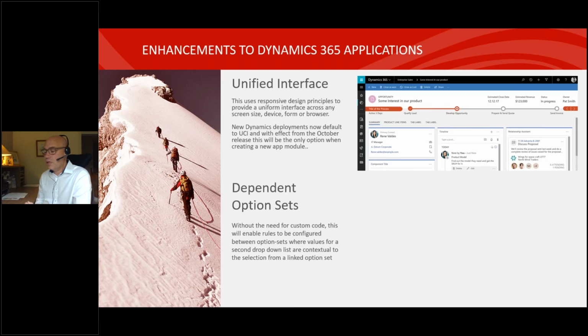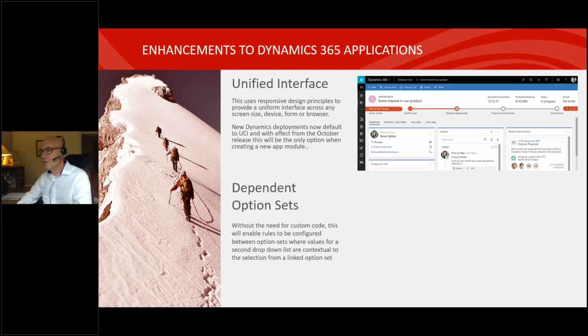And then interestingly, literally yesterday, Advanced Find suddenly became available in the unified interface, as did one or two other features. So very quickly, they're making it very easy for us to encourage our customers to use the unified interface.